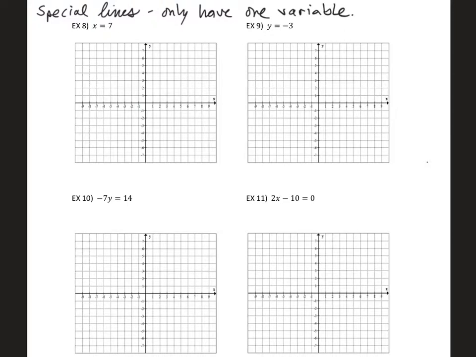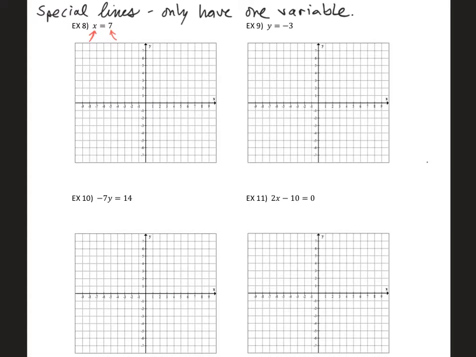So let me see here. The first example, example 8, we have to check really quick: is the equation solved for the variable? And yes, you can see here the variable is isolated. There's nothing multiplied or any other terms on this side of the equation with the variable. It's just x equals 7. So here's how we do this. You find this number, 7, on this axis, the x-axis.